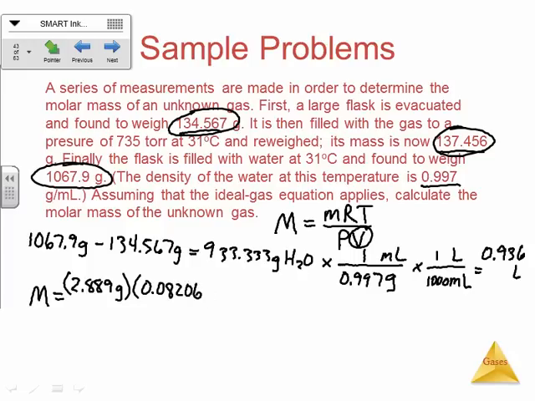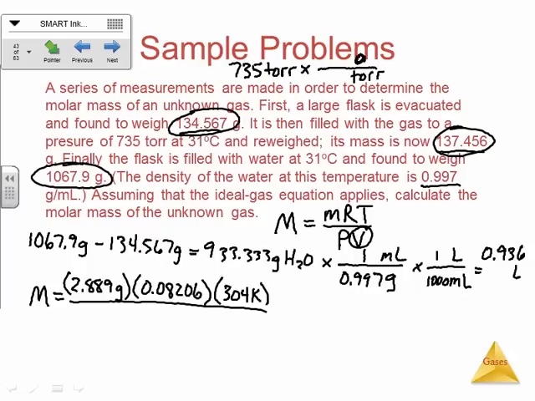I'm not going to be as much of a stickler about units on this one because I kind of showed you what I wanted to on the last one. 31 plus 273 gives us 304 Kelvin for our temperature. We divide that by the pressure, which again, we're going to have to take 735 torr, since I used the R that's in atmospheres, and we're going to have to convert that.